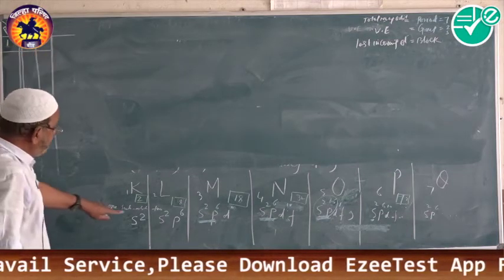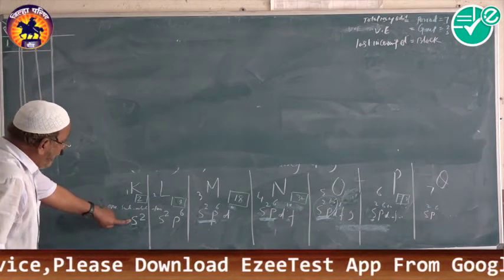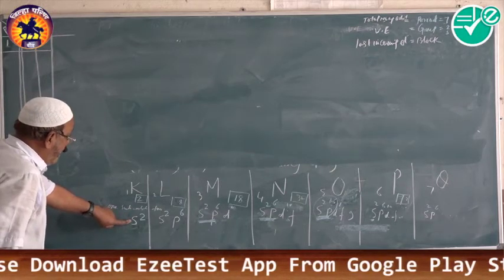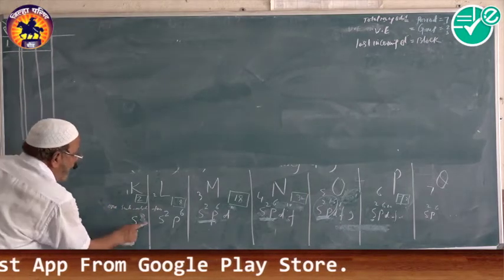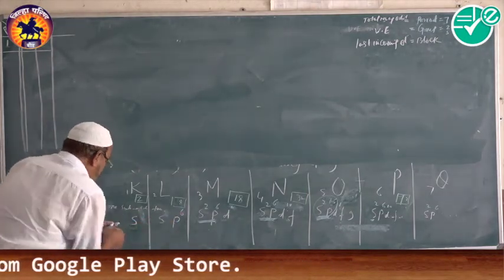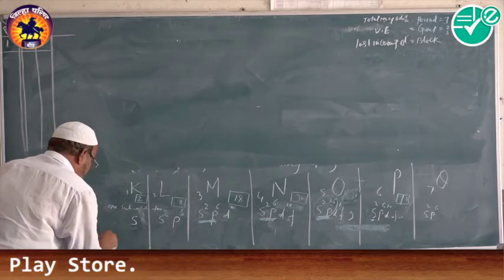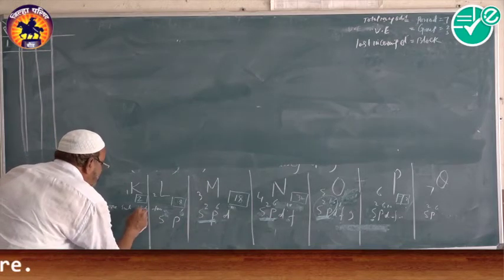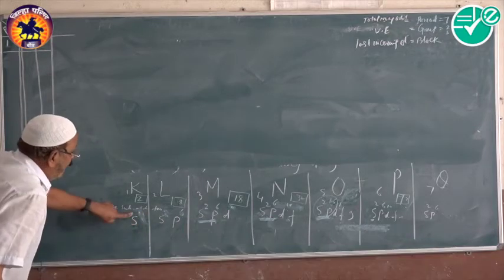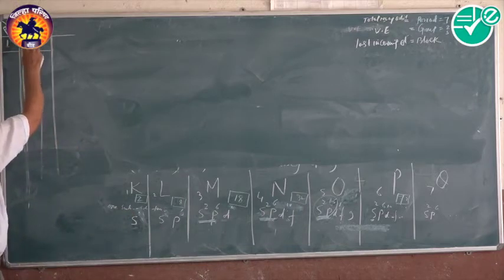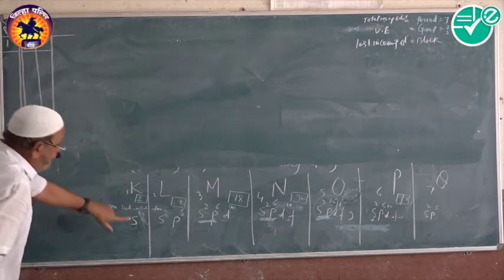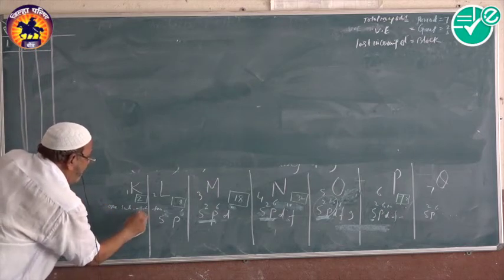Now see, atomic number 1 will occupy S1, means it will be group 1 and of course it will be an S block element.